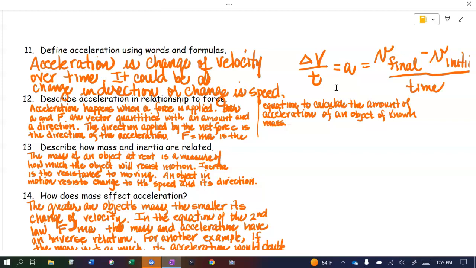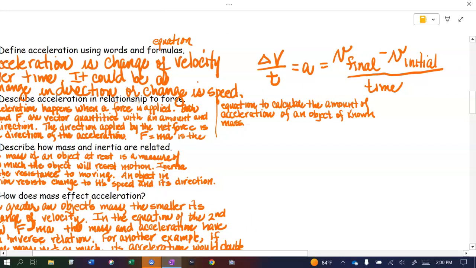And then formula-wise, or equation-wise, I tend to use the word equation: a equals delta v, the change in velocity, over time, and that's usually calculated by the final velocity minus the initial velocity over the time it's taken.